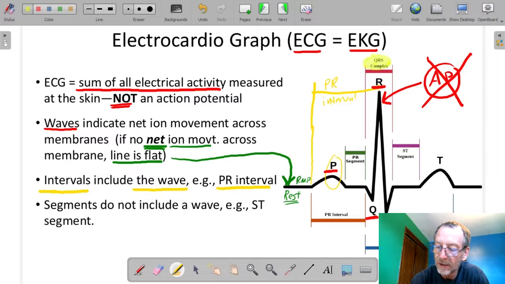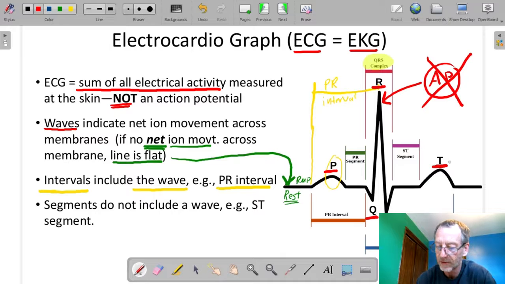So there's the highlighter. It includes the Q, the R, and the S. And then the last thing is the T wave. So they go in alphabetical order: P, Q, R, S, T.